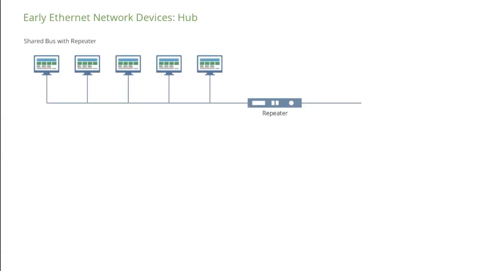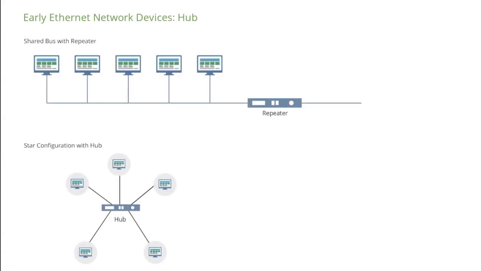At this time, a new device called a hub also became available, and Acme replaced their repeaters with hubs. Now, the physical topology or layout of their network changed from a shared bus to a star configuration. In Acme's old shared bus configuration, many devices were daisy-chained together using a single network cable, which meant that if the cable failed or if one device on the cable was causing network trouble, every device on the cable could be impacted.